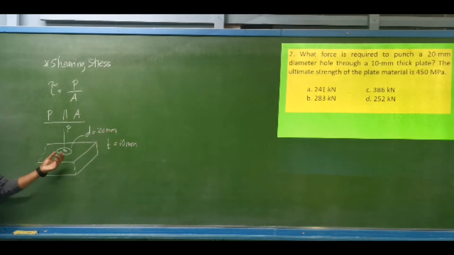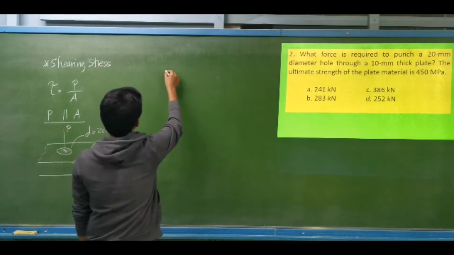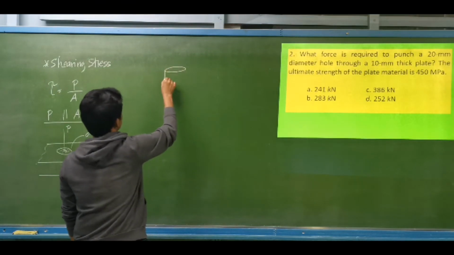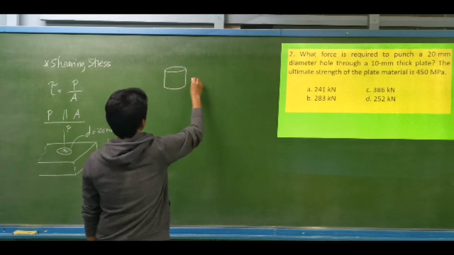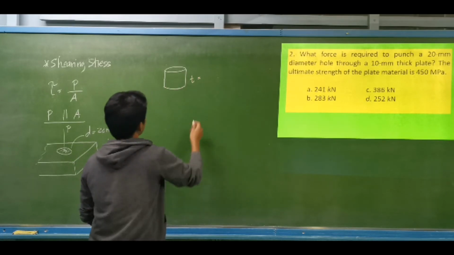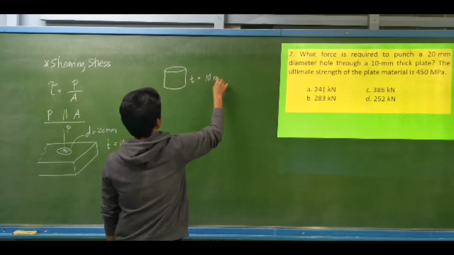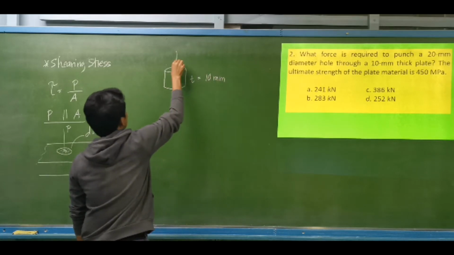If we observe, for example, the removed part from this plate is like a small cylinder. The height of the cylinder is the same as the thickness of the plate, which is 10 millimeters. So this is the direction of the force.